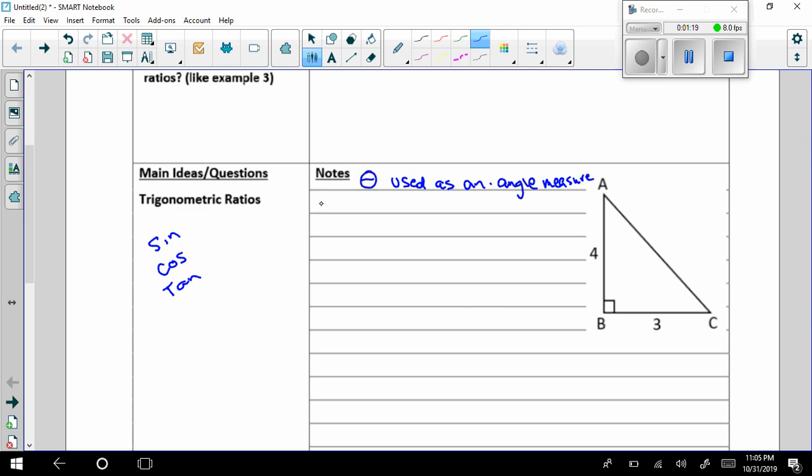The first trig function is the sine function. So the sine of theta, let me not abbreviate that, sine of theta is equal to its opposite side over the hypotenuse.